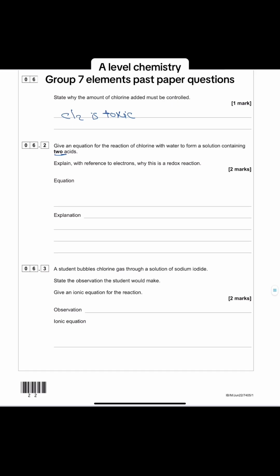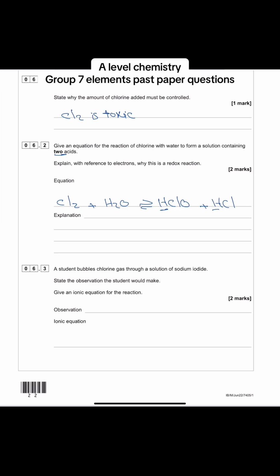So the equation here is that chlorine reacts with water, and this is a reversible reaction, by the way. That will give you chloric(I) acid and hydrogen chloride. So these are the two acids formed here. So this is the equation you want. Don't write the other equation, which gives you hydrogen chloride and oxygen.